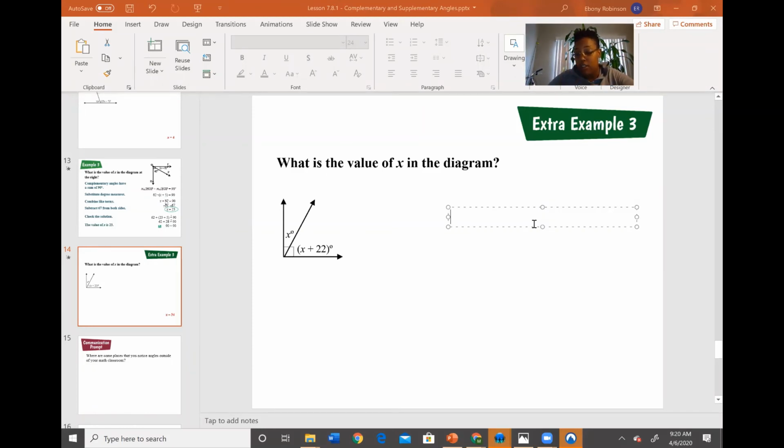You have two things that you have to do, and that is the definitions and the tiered practice, okay? So x plus parentheses x plus 22 close parentheses equals. If you said 90, you were absolutely right.